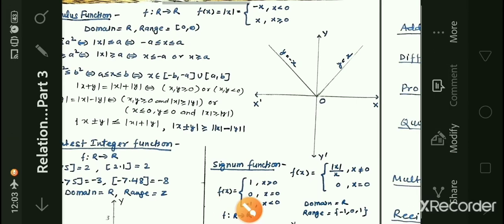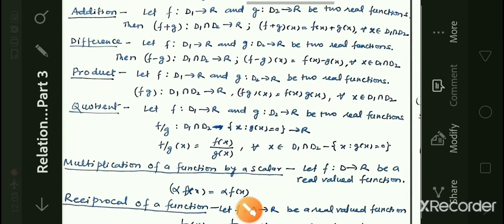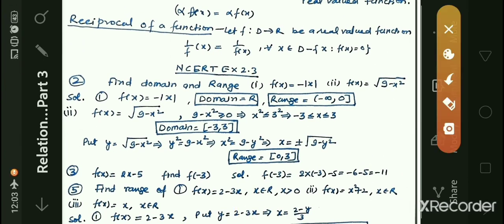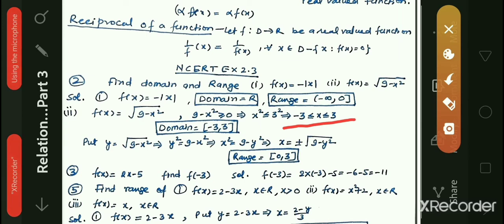So here we shall use this property. After applying this, you get -3 ≤ x ≤ 3. So here the domain is the closed interval [-3, 3]. I hope the domain of this function is very clear to you.